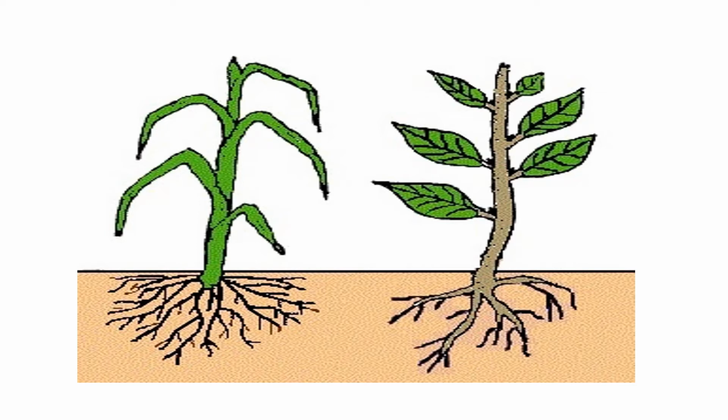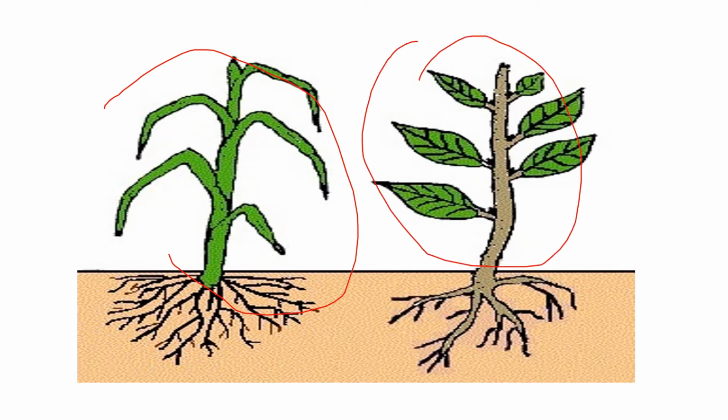That is monocots, as you can see here in the picture on the left hand side, and dicots, the picture on the right hand side. So in today's lecture, we're going to be focusing on the major differences between these two different groups of plants.